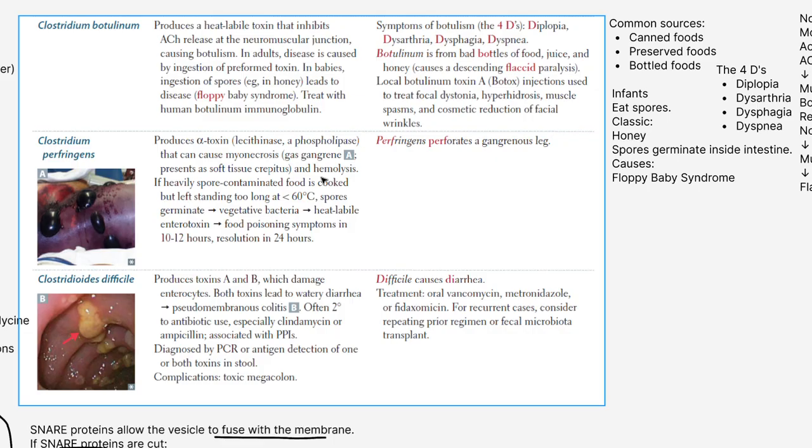It's important to know that gas gangrene is also called clostridial myonecrosis. Why myonecrosis? Because it's basically the necrosis of your muscle. The muscle literally dies. The bacteria ferments the tissue and the gas accumulates. You can see a picture here. It's pretty disgusting, but that's literally how it manifests.